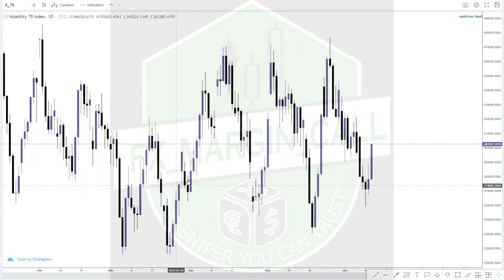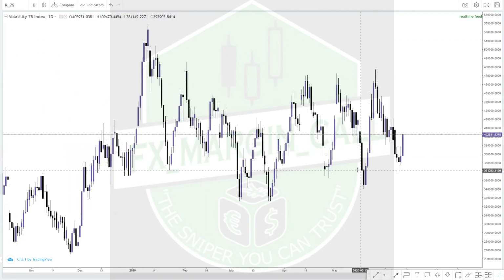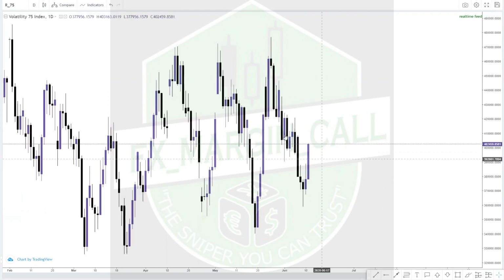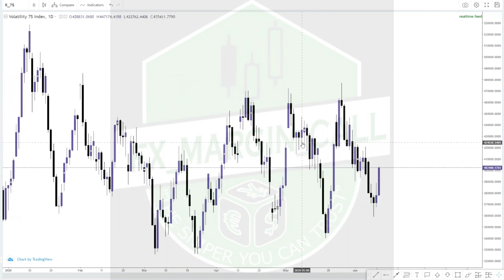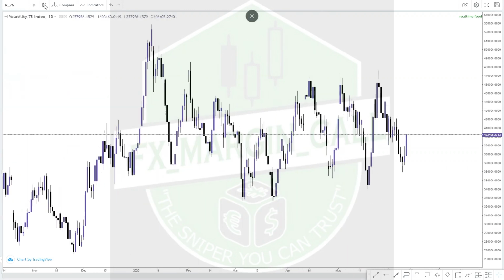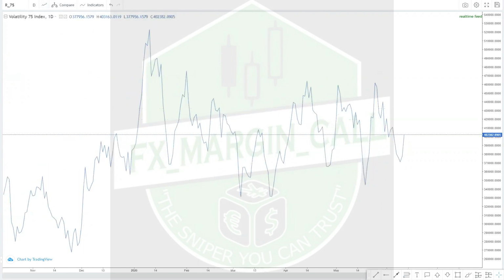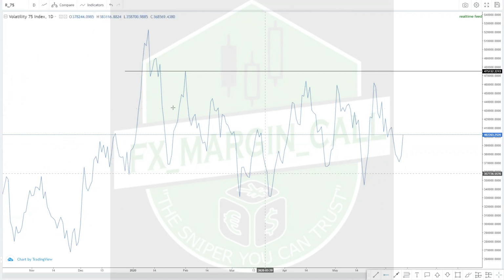Right, so now let's get into it. Looking at the volatility index right now, we're going to focus on the current price where the market is currently trading. We have seen a huge push to the downside. When we saw this, the first question we had to ask ourselves is why did it push to the downside? We have had a resistance level here. The market formed this resistance level initially.